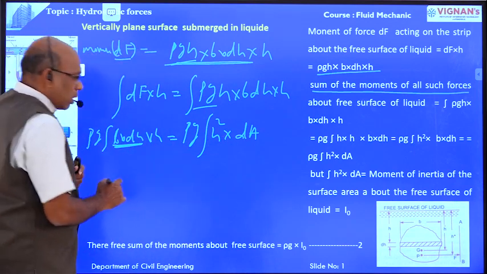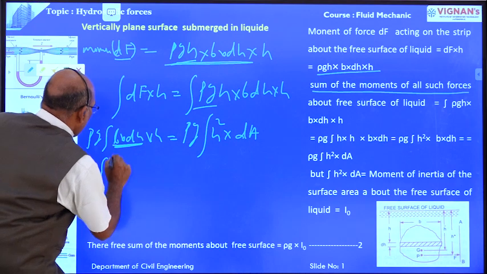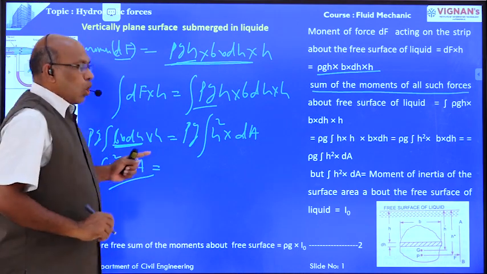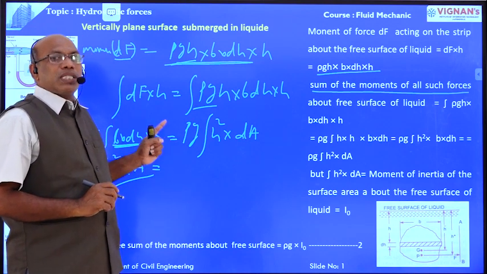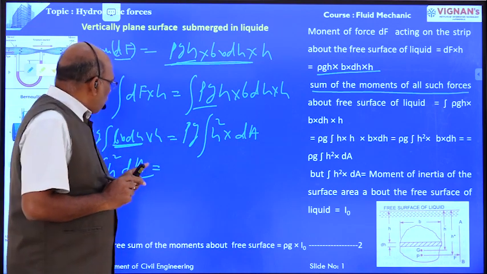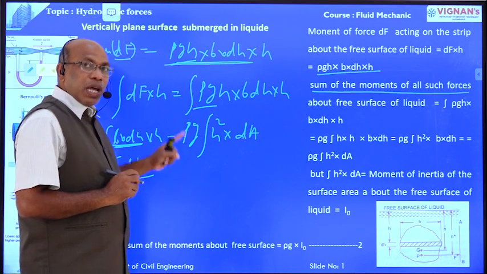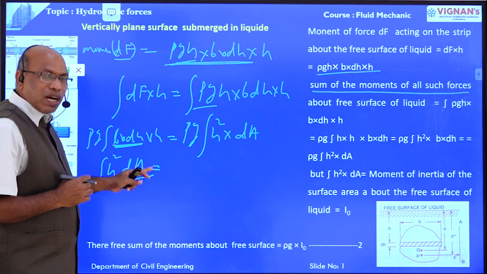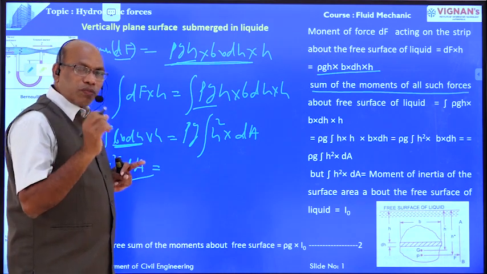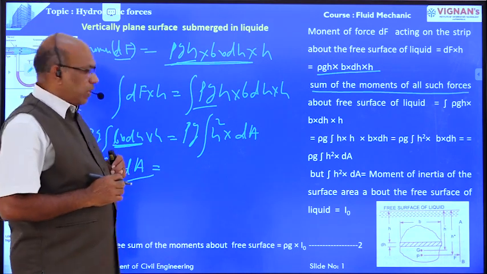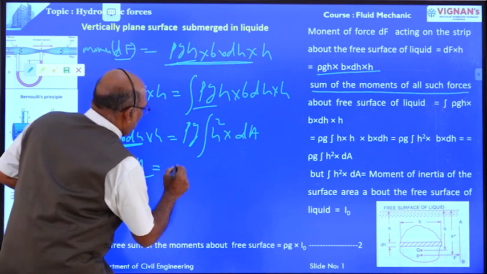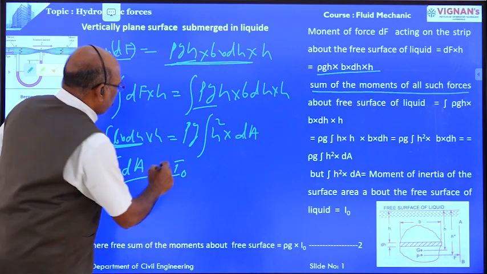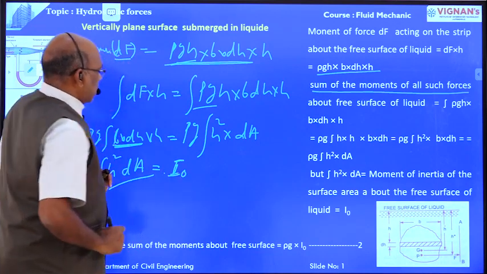But we know the integral h square dA is the moment of inertia of the surface area about the free surface of the liquid, right? This is denoted by I0.